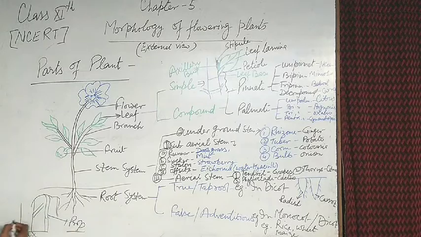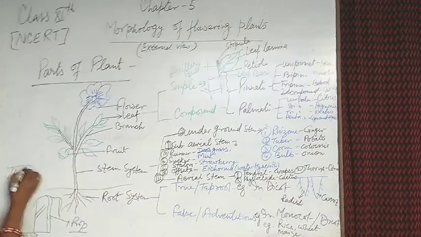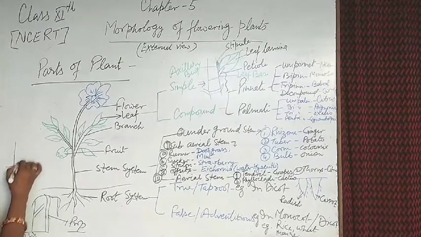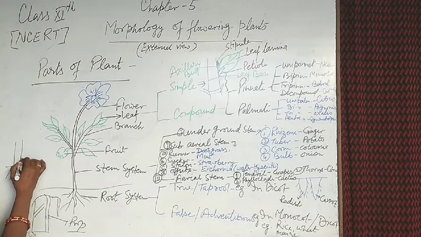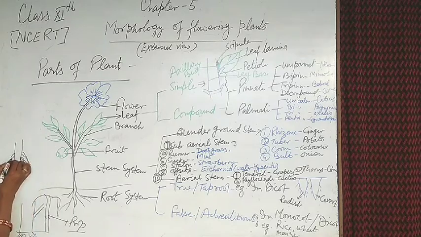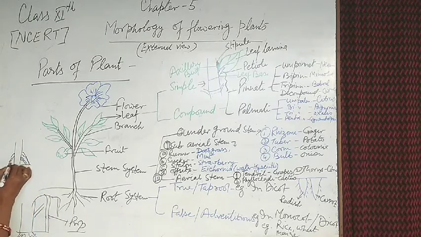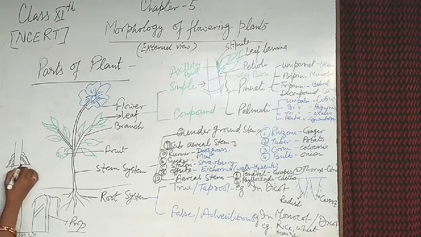In case of maize, there are stilt roots like this. The upper part is swollen and creamish in color, attached with nodes, and the lower part attaches to the soil.